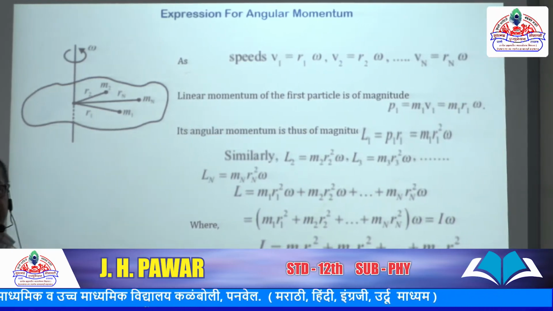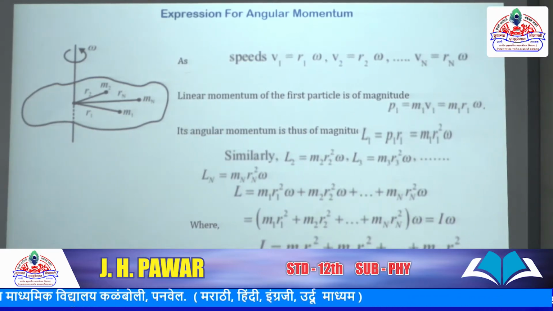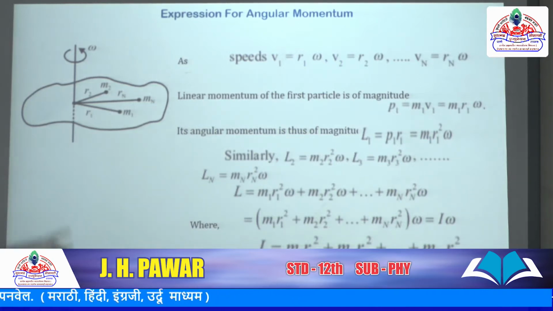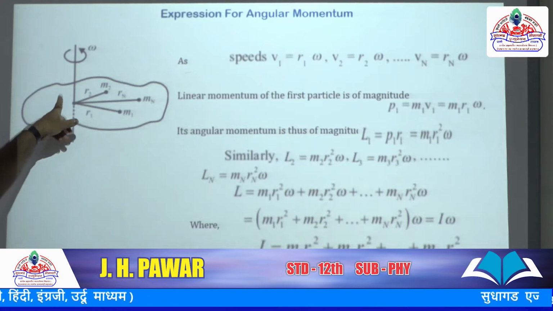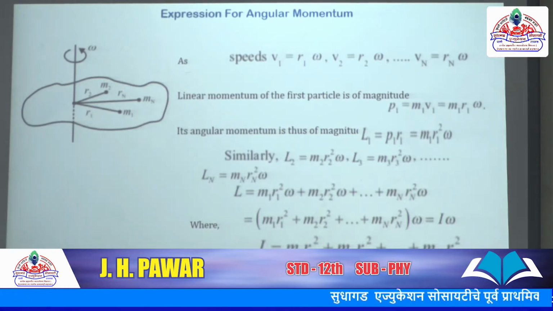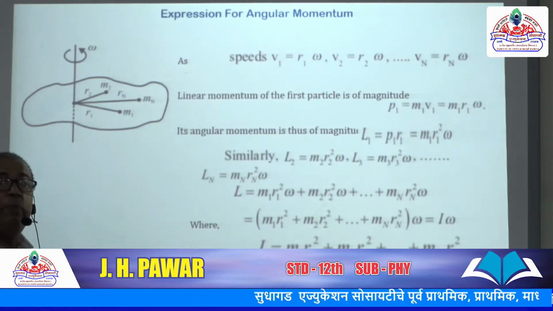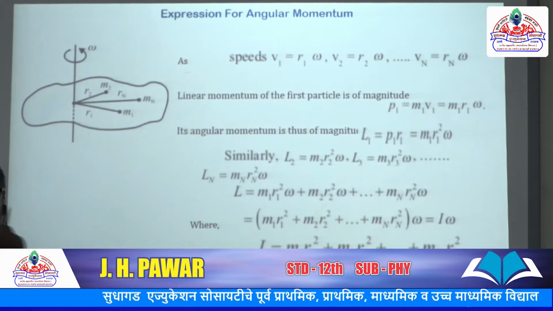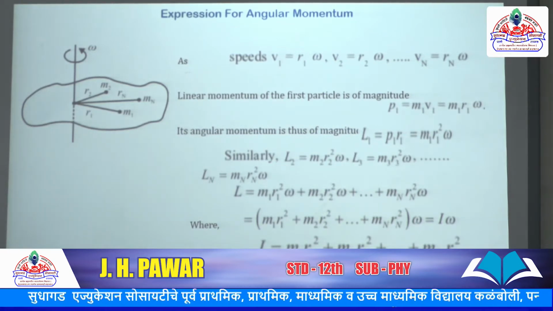A figure shows a rigid object which can rotate about an axis perpendicular to the plane of the board. When you draw this figure in the notebook, then you say perpendicular to the plane of the paper, with uniform angular speed omega.